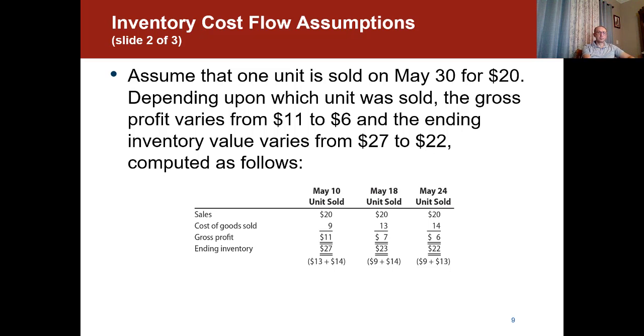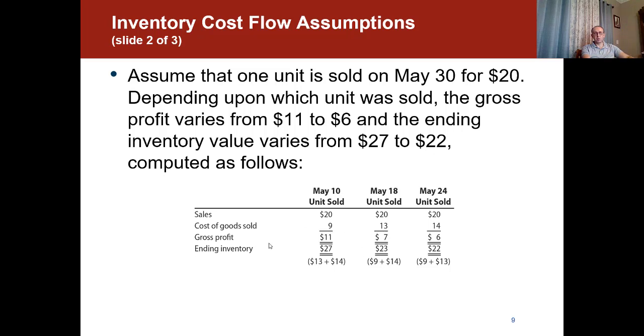So let's assume that we made a sale by the end of the month, which is May 30th. We sold one of these pens, only one, and we still have 2 left in our inventory. So we sold only one for $20. The cost of goods sold was the item of the first transaction, the one that we purchased on May 10th.